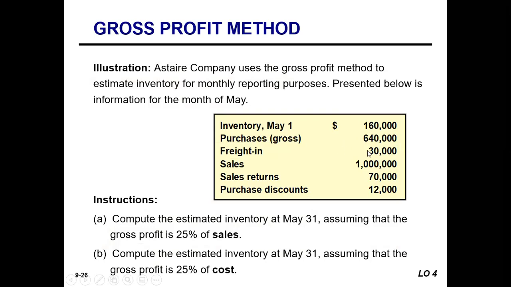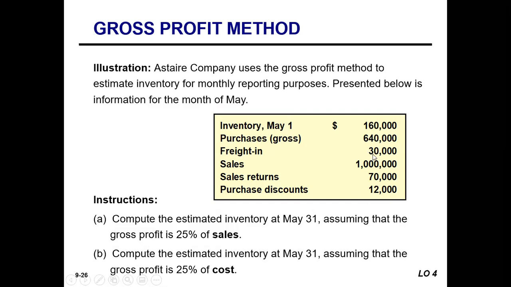We purchased 640,000 more worth of inventory. So then we had 800,000 worth of inventory. Remember, freight in increases inventory. So we would be up to 830,000.